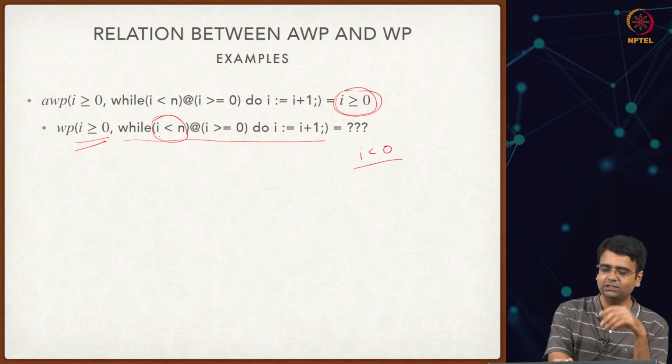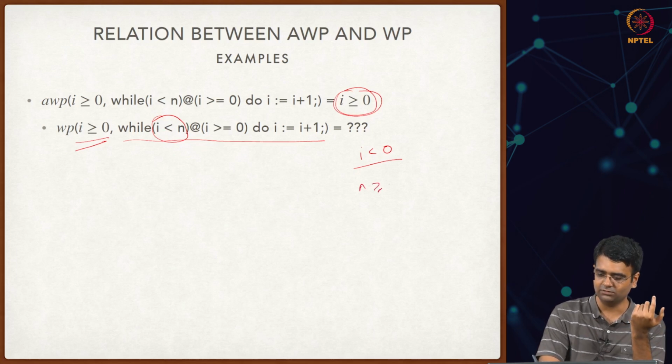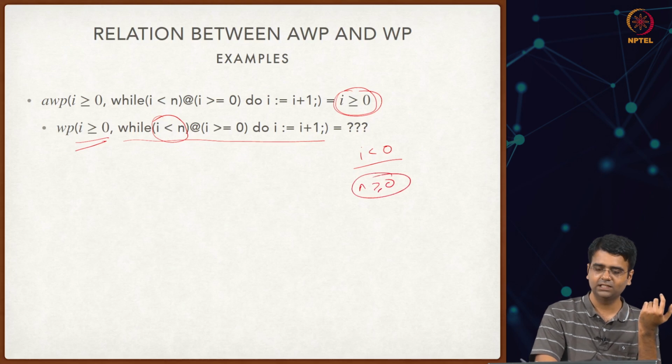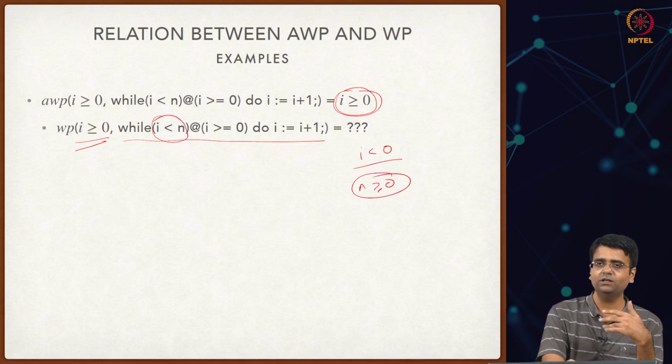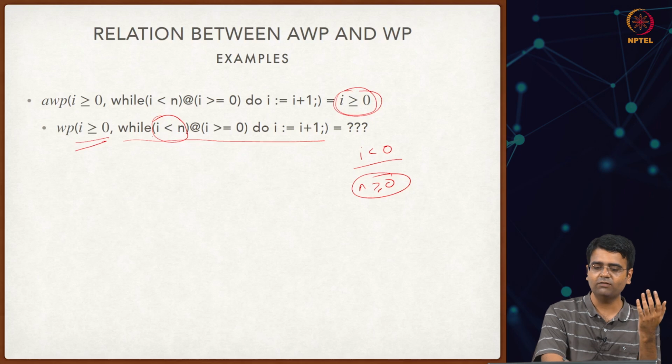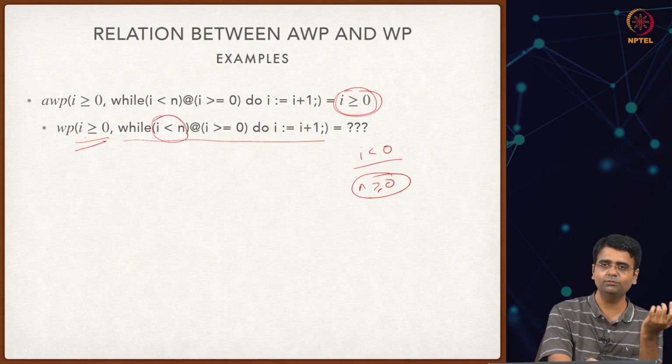If I can make sure that the value of n is greater than or equal to 0, then no matter what the value of I is at the beginning of the loop, after the entire loop terminates, the value of I will be equal to n, which means it will also be greater than or equal to 0.